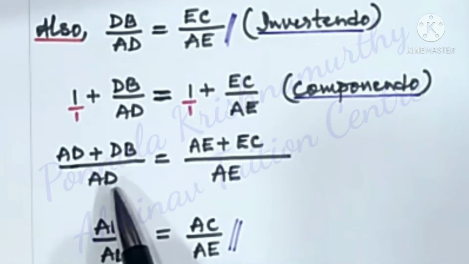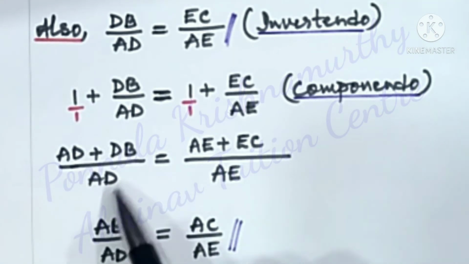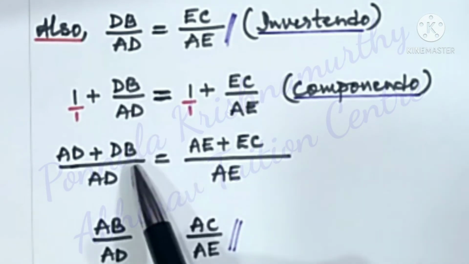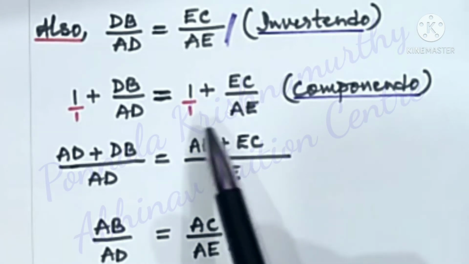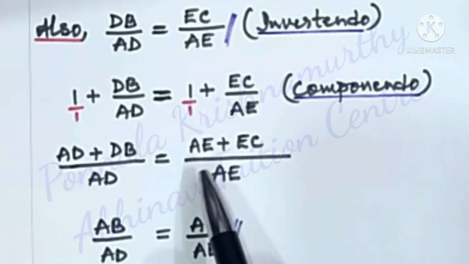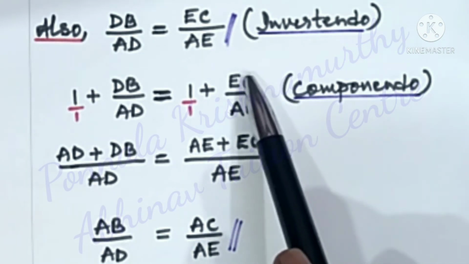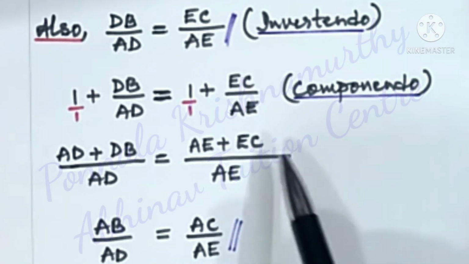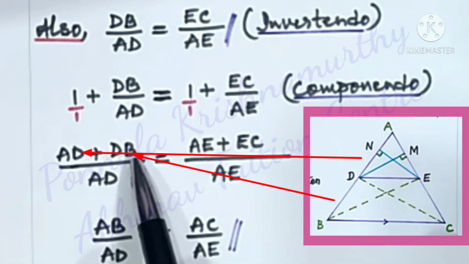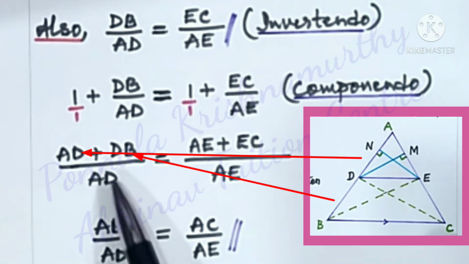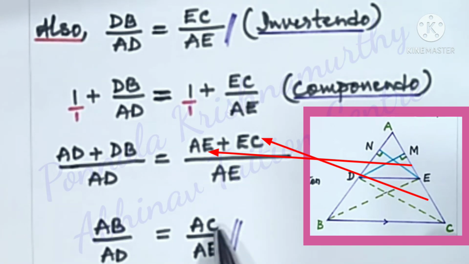LCM is AD: AD by 1 is AD, AD into 1 is AD, plus AD by AD is 1, 1 into DB is DB, is equal to, here the LCM is AE: AE by 1 is AE, AE into 1 is AE, plus AE by AE is 1, that 1 into EC is EC. Now from the figure, AD plus DB is AB, so AB by AD is equal to AE plus EC, which is AC, by AE.